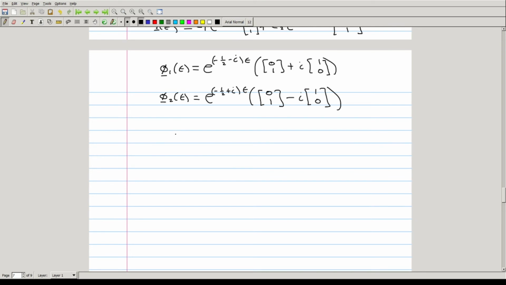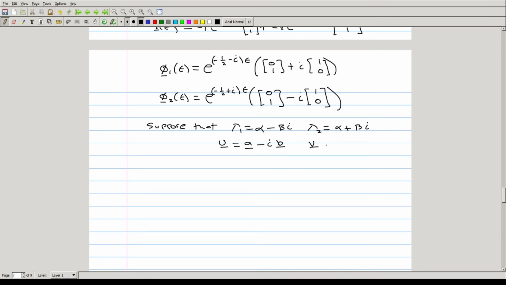So what I'll do is the general simplification below. Let's suppose that lambda 1 is some alpha minus beta times i, and lambda 2 is some alpha plus beta times i, and the corresponding eigenvectors u and v are going to be some real valued vector a minus i times b for some b.